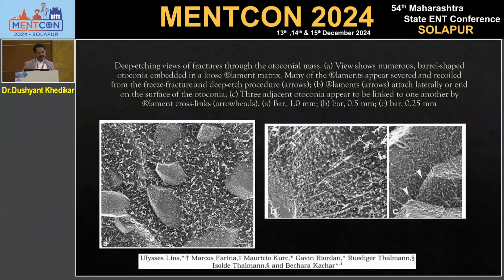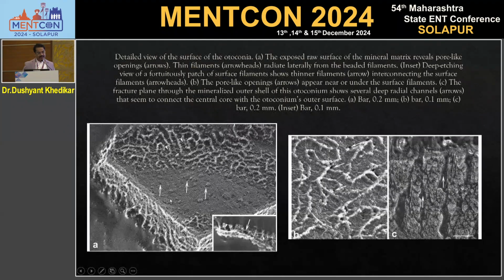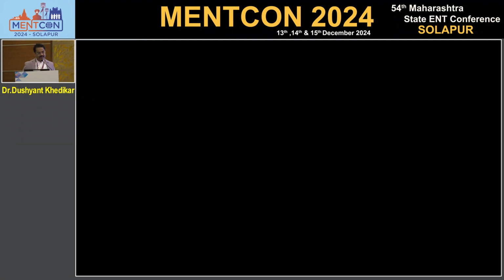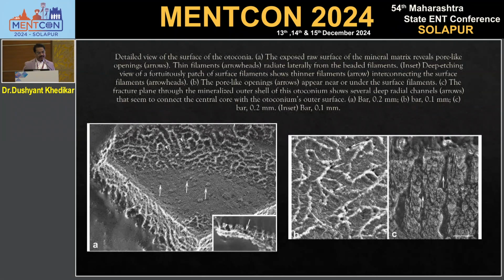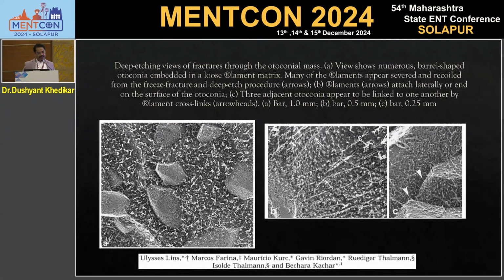So this is the picture of the utricle and the macula. So here we can see the utricles.